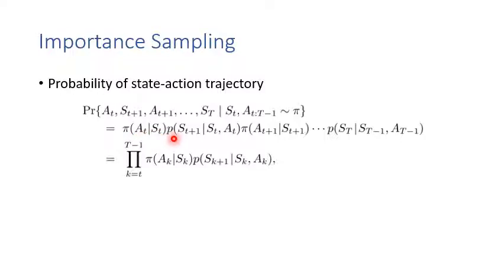Then once we choose this action, there is some probability that we go into a different next state, so we multiply with the transition probability to the next state S_t+1. So the state action trajectory is the multiplication of the policy and the transition probability, and we can rewrite this as the product from t to the terminal state, capital T minus 1. So this is the trajectory probability.